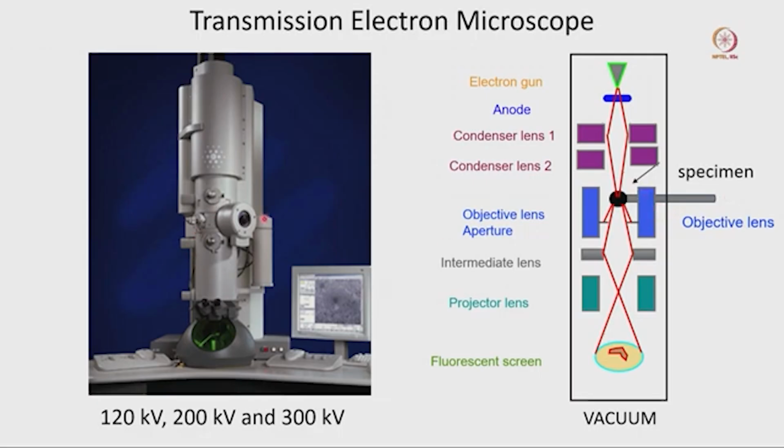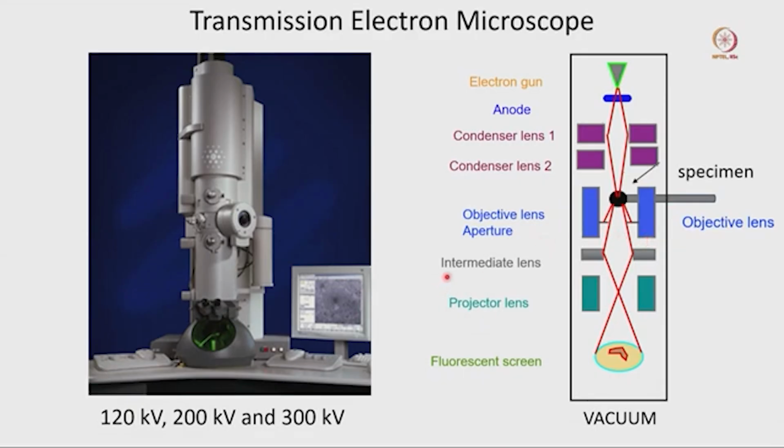Here, this is the stage or goniometer, and in the same part we are showing the inner part of the microscope, where you can see there are two objective lenses: the upper objective lens and the lower objective lens, which we are going to discuss more.